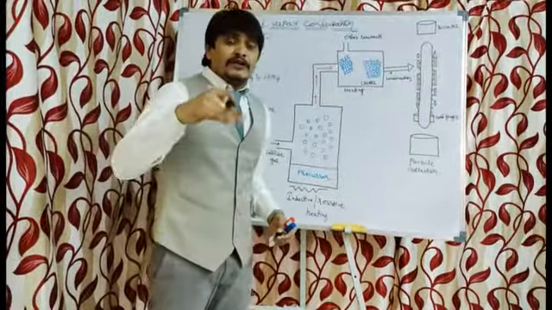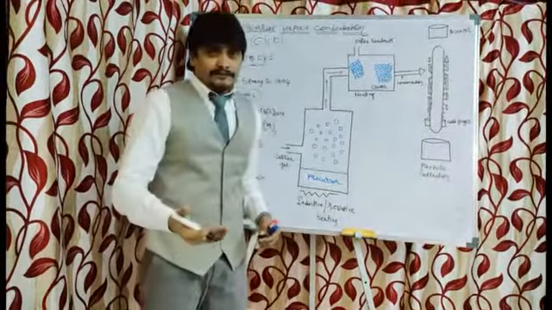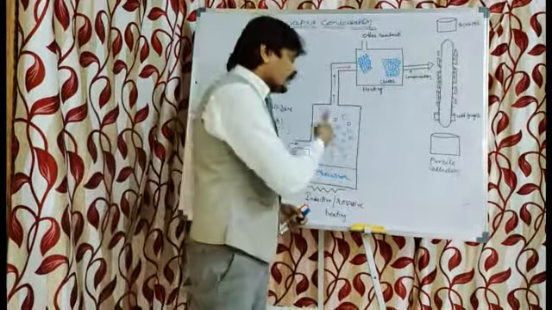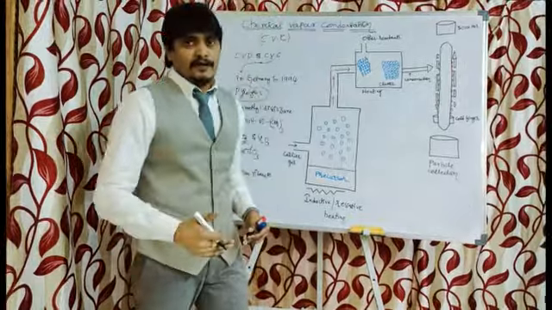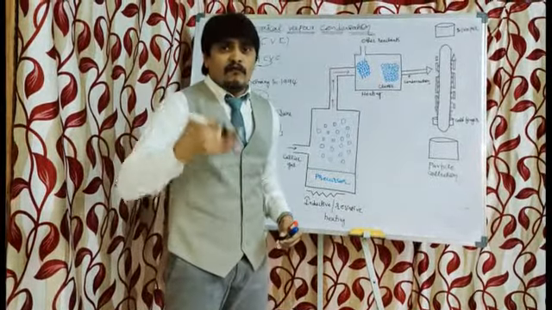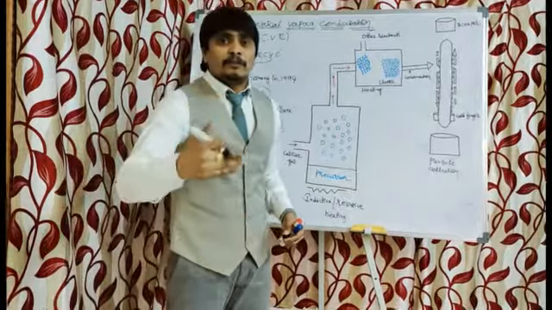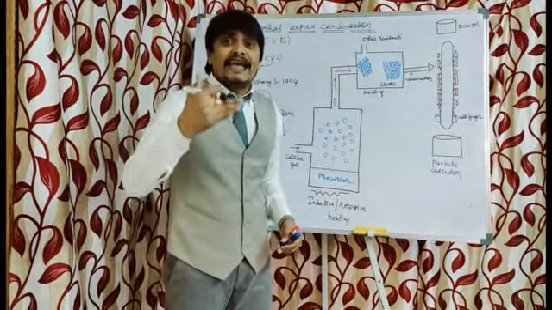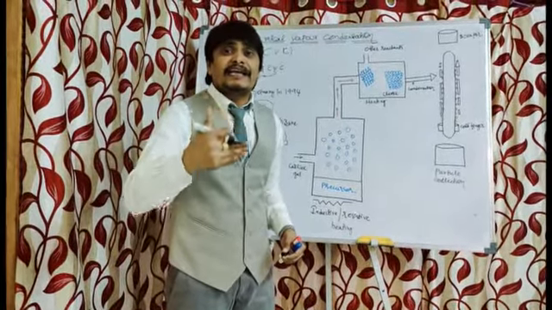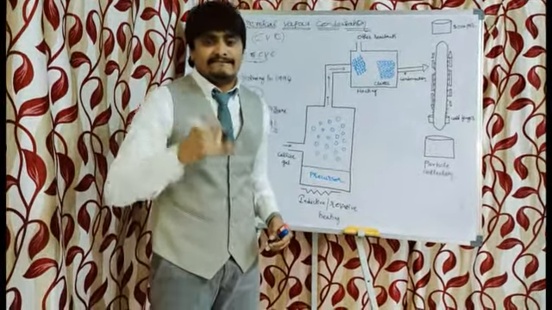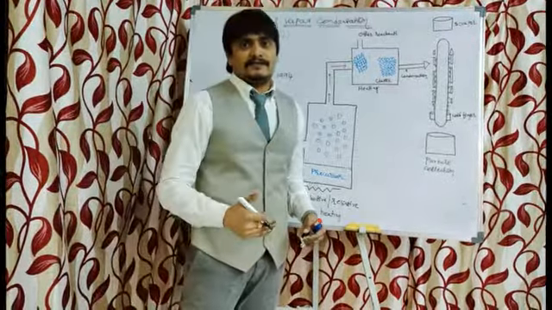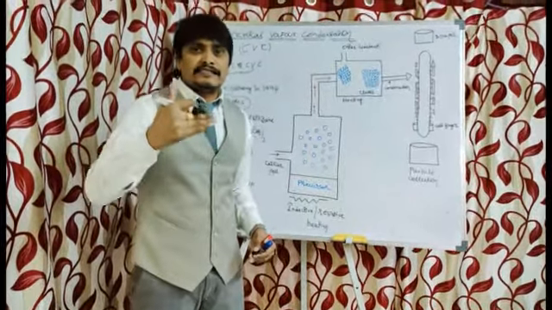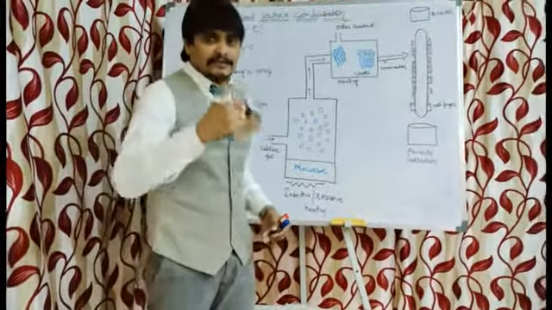So we can use inductive heating or resistive heating in order to heat the precursor. Now, what is resistive heating? It is another process of heating which involves the heating of a high resistance containing substance by passing the electric current.